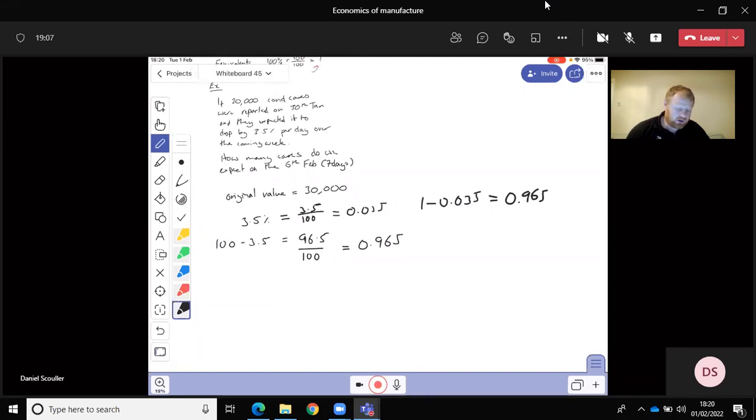So essentially after every day, we've got 96.5% of that original value, or 0.965 times that original value. So that's our multiplier.